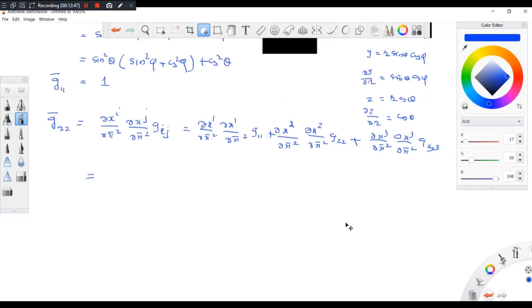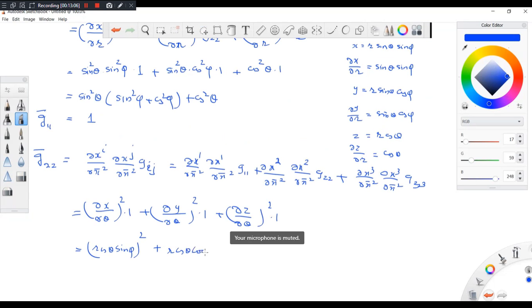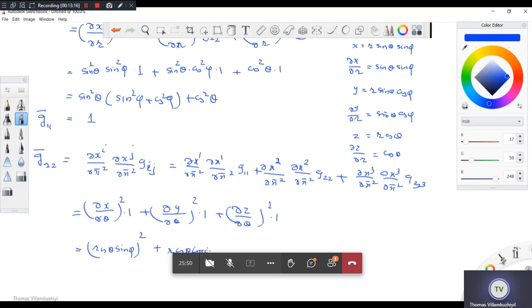So this is equal to, what is ∂x/∂θ? x you have, so (r cos theta sin phi)². ∂y/∂θ is (r cos theta cos phi)². ∂z/∂θ is minus r sin theta, whole square.